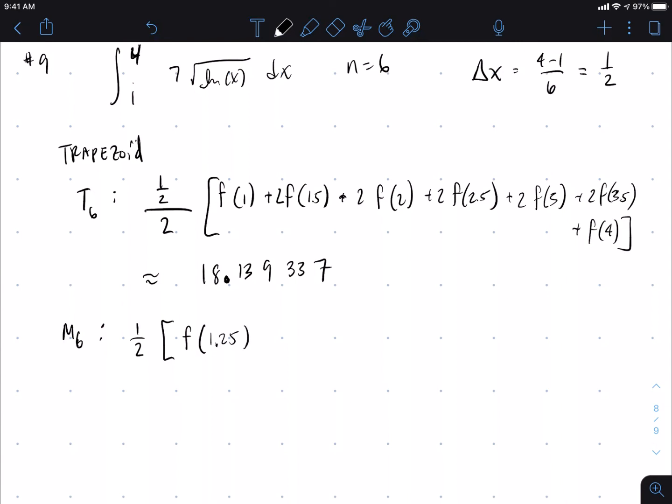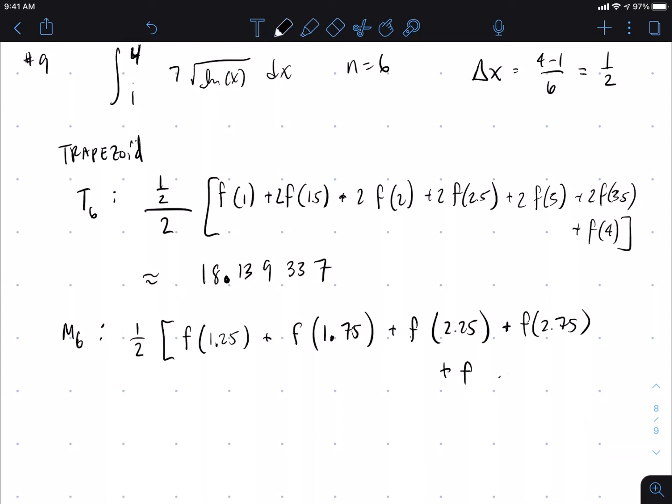Correct. Then the next one, now we don't have to think anymore. We just add half. So this should be 0.75. And then add a half. So that should be 2.25. And then f of 2.75. And then plus f of 3.25.